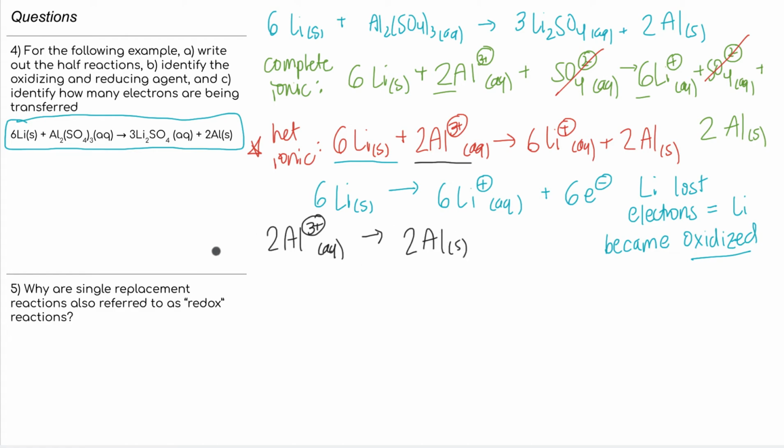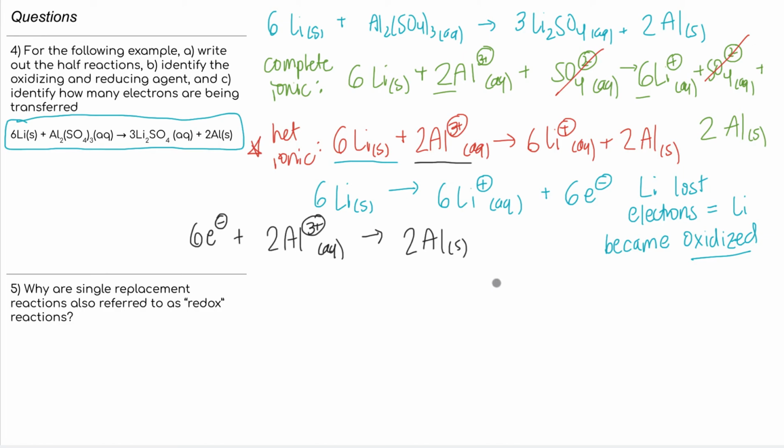So to balance out the charge, let's add 6 electrons to the left side of the arrow, because 6 negatives will cancel out 6 positives to give you an overall 0 charge, which matches the 0 charge on the right side of the arrow. So what we can say happened to aluminum was that aluminum ended up gaining electrons, because we had to write the electrons on the left side of the arrow here.